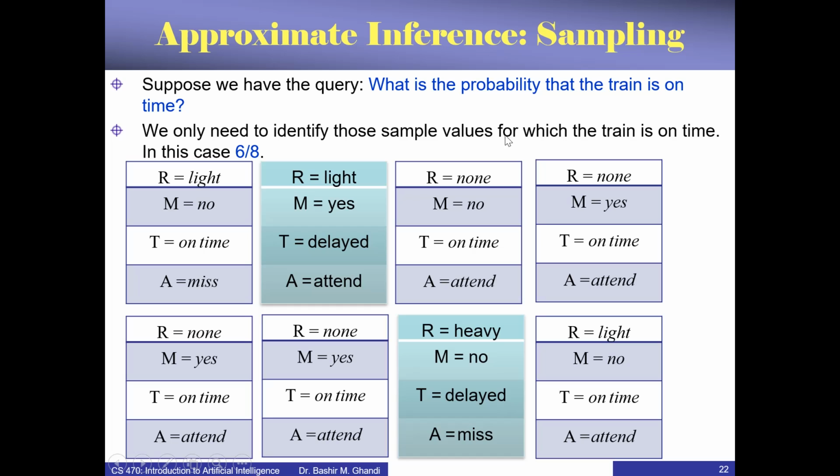And therefore, we can easily answer this query, which is actually an unconditional probability. Just what is the probability that the train is on time? Well, according to our sample, the train is on time 6 out of 8 times. That is as easy as that.